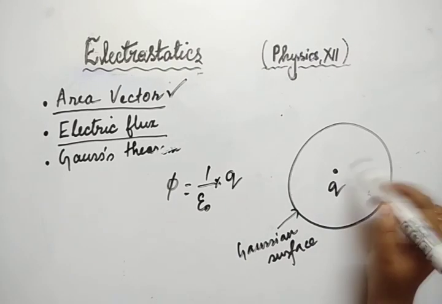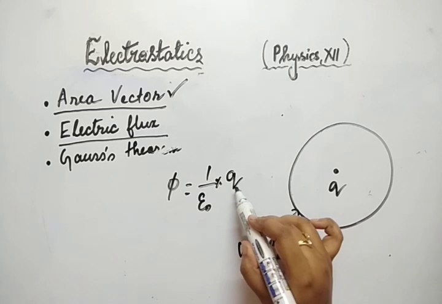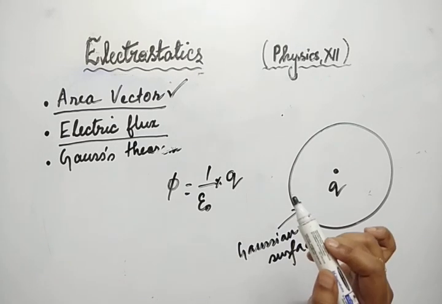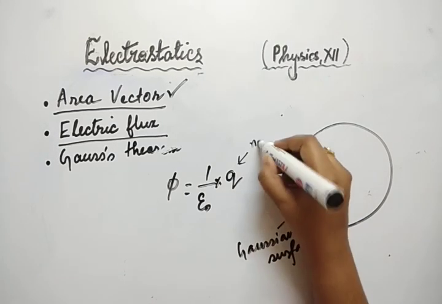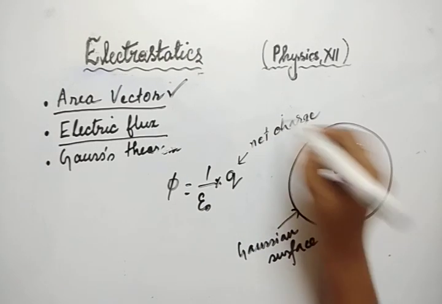Here 1 by epsilon naught, where epsilon naught is known as the permittivity of free space. This surface encloses a charge Q, so that's why we have written Q as the net charge enclosed by this surface.